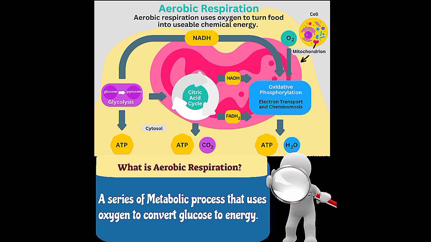Aerobic respiration, on the other hand, is a metabolic process that converts glucose to chemical energy in the presence of oxygen. That is, it uses oxygen to convert glucose into energy. This process takes place in the mitochondria of the cell and it results in a large amount of energy.